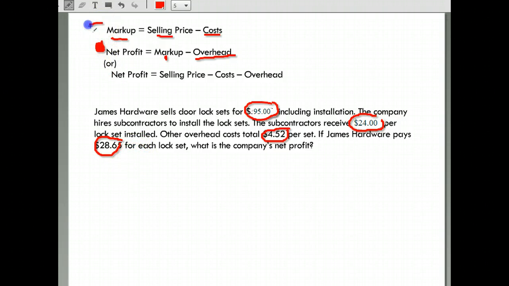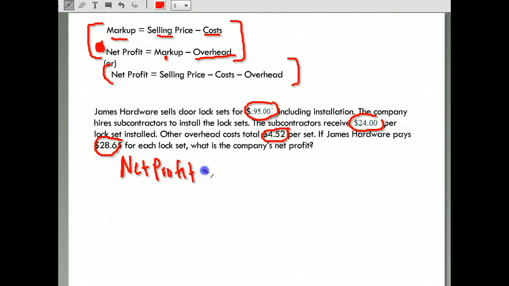You can either find the markup and then use this formula to find your net profit, or you can just find the net profit by taking the selling price minus the costs and any overhead, which is what I think I will do. Okay, so the net profit is going to be the selling price, which was $95.